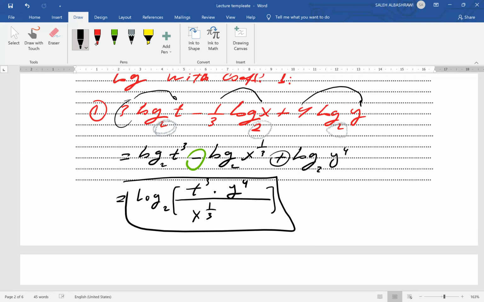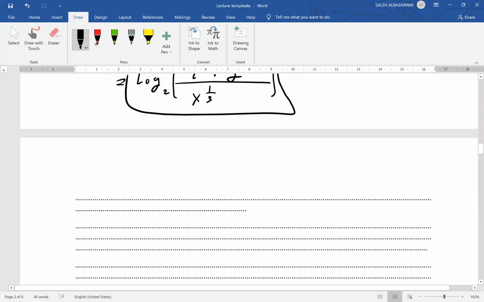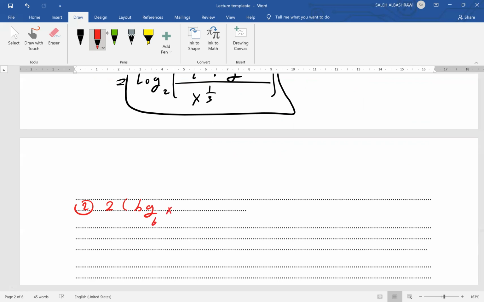Take another one. Number 2. For that I have 2 log base 6 of x plus log 6 of y squared, minus log 6 of x plus 2.